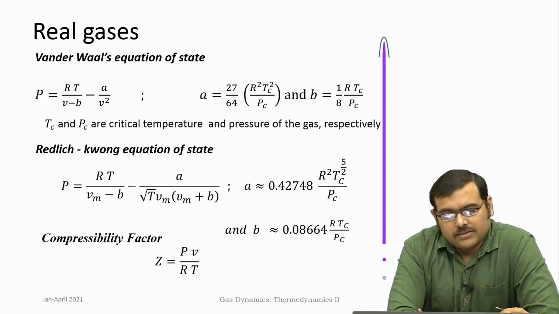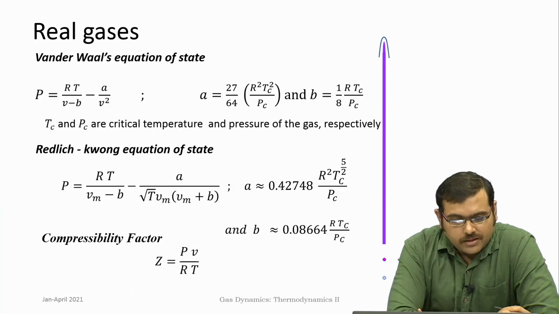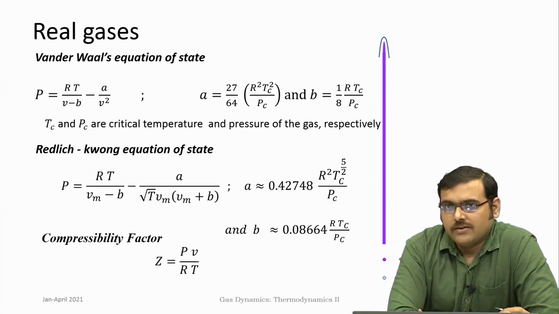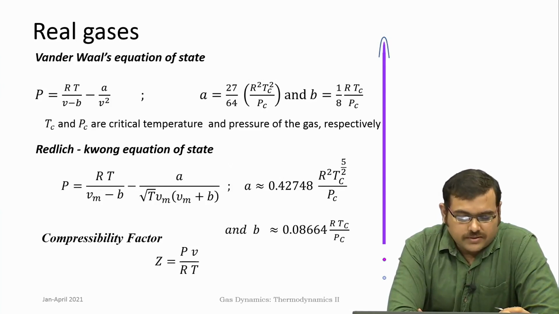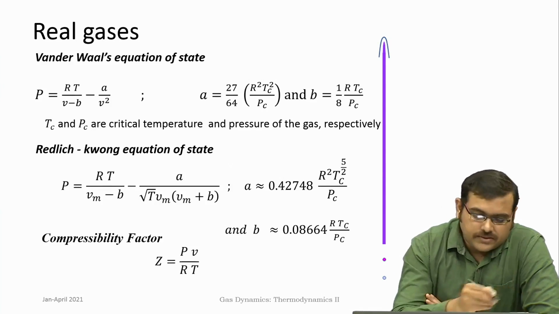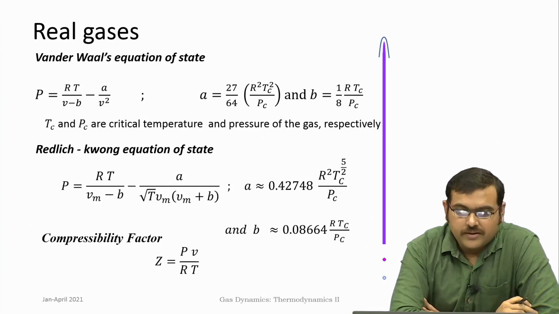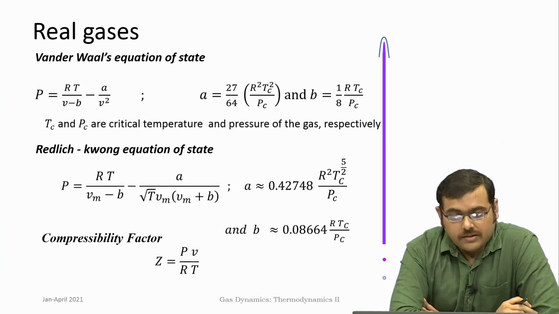But in many cases in real applications it may not hold good, then you need other equations of state. So, these are real gas equations of state. I have listed a few of them: van der Waals equation, Redlich-Kwong equation of state. Sometimes it is also described using a compressibility factor.